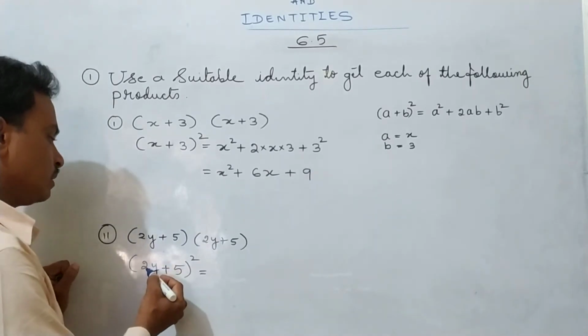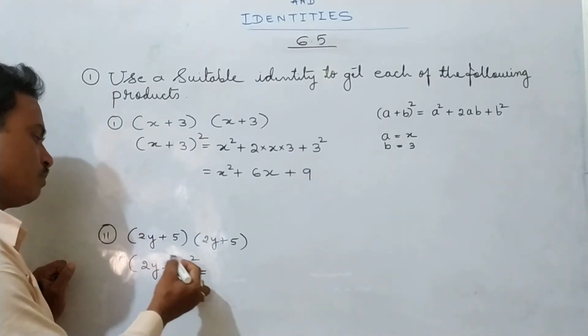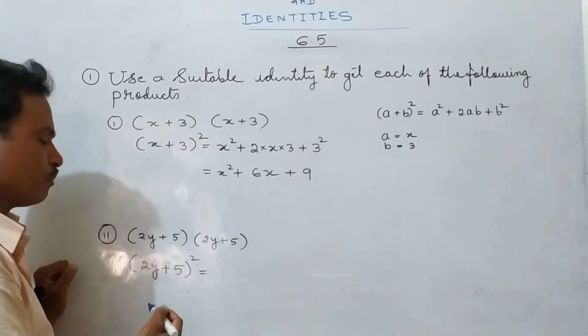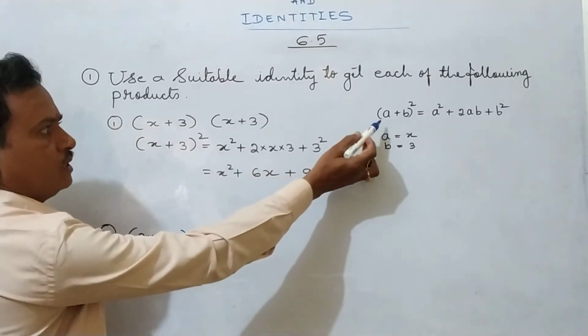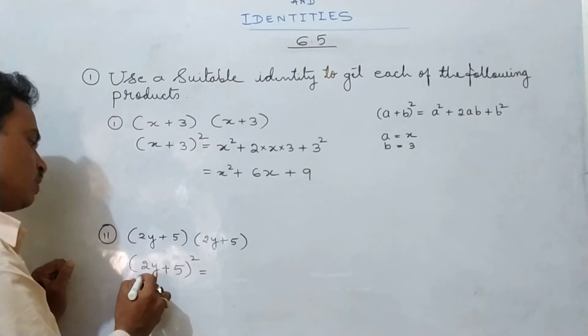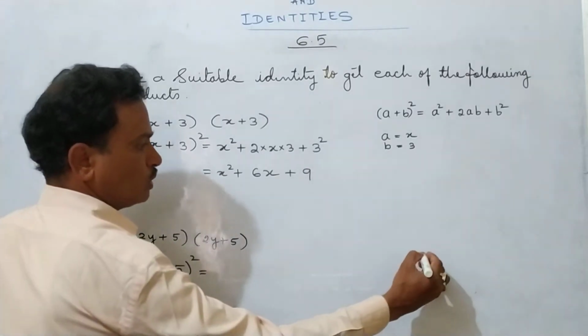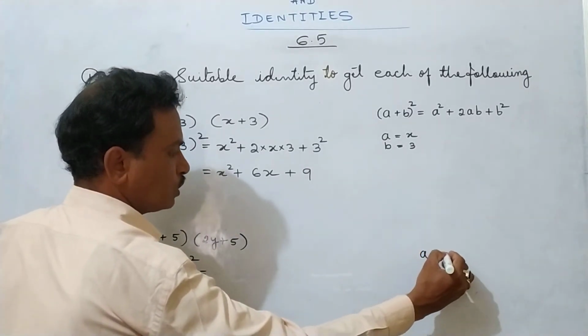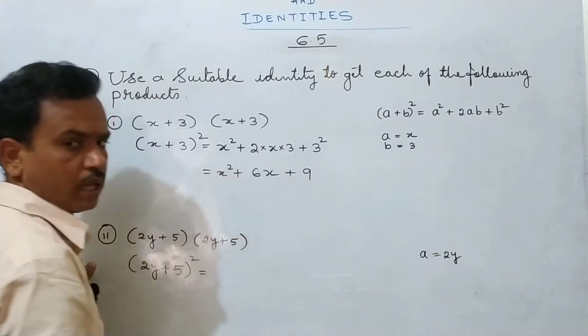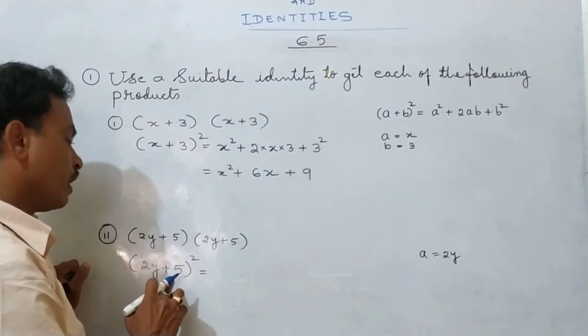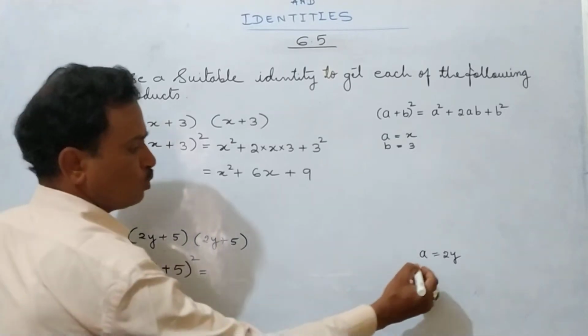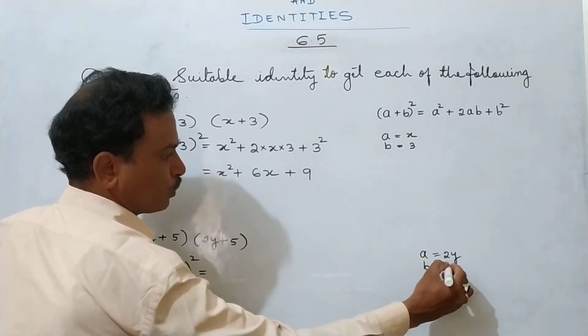Now this question becomes in the form a plus b the whole square. Here a is equal to 2y. Then b is equal to 5.